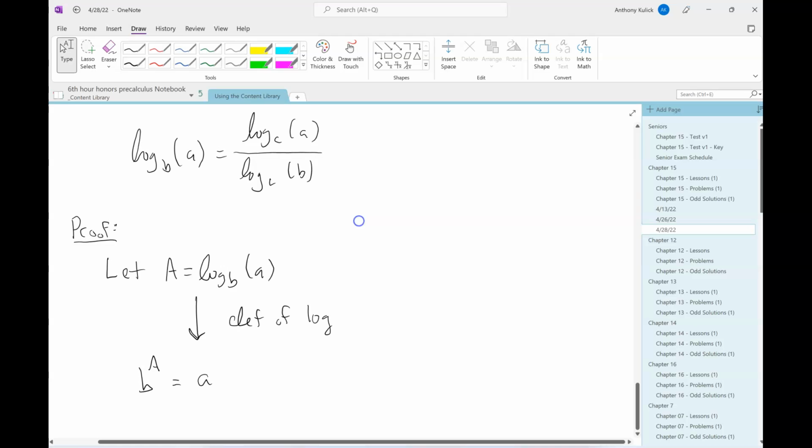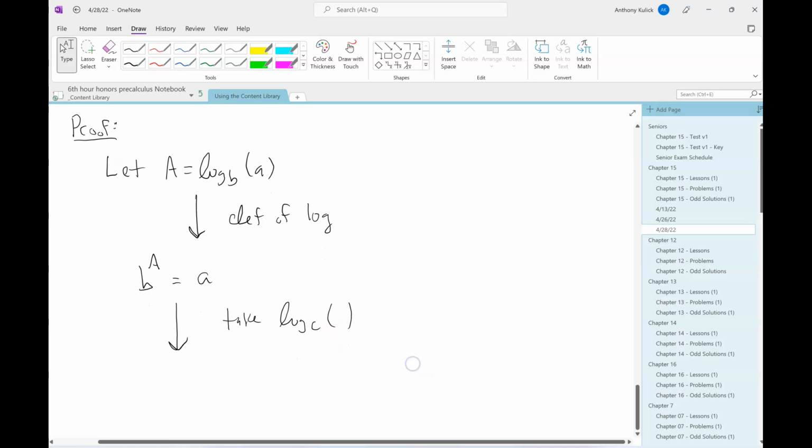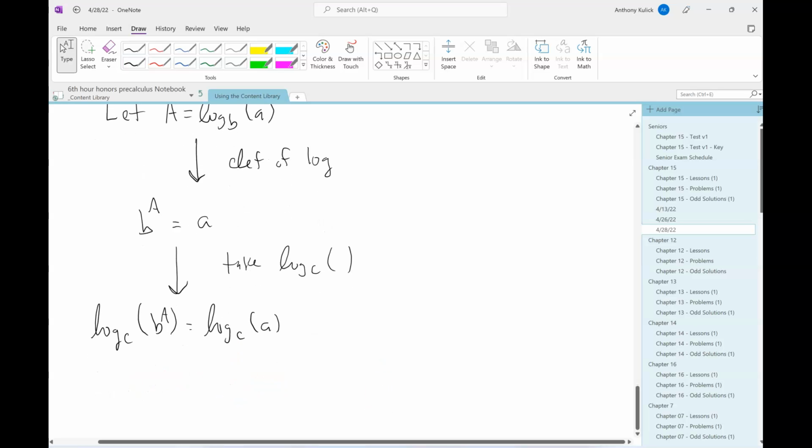Now, remembering what I want to get to, the numerator of the right-hand side, I need to get log base c of a. So I'm going to just take log base c of both sides. So now I have the numerator for the right-hand side.